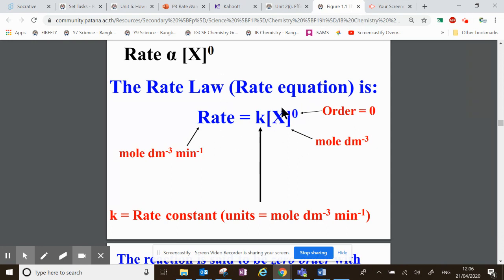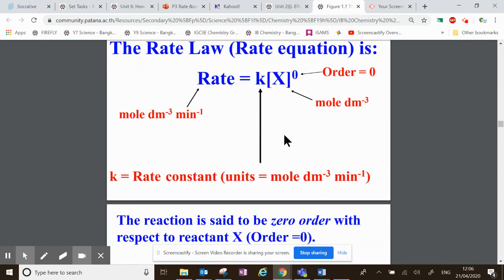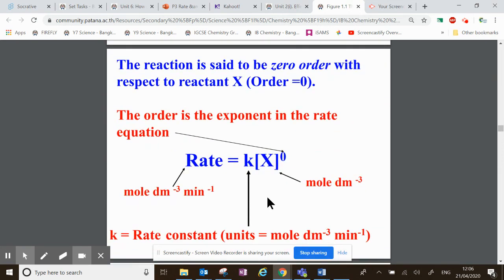Now, for the purposes of establishing the order, because rate is proportional to x to the power of 0, we say this reaction is 0 order with respect to the concentration of x, which is what you can see here in the next slide.